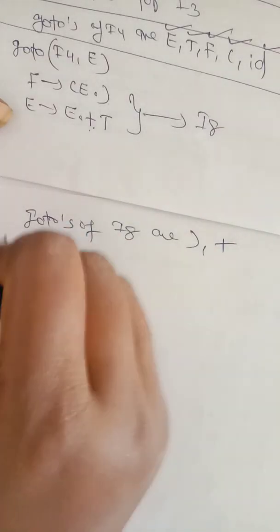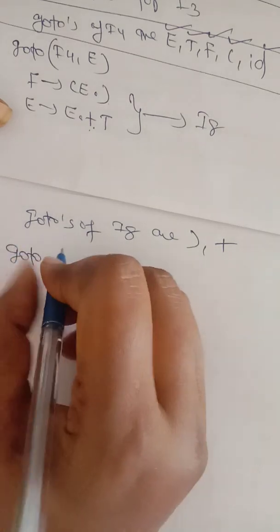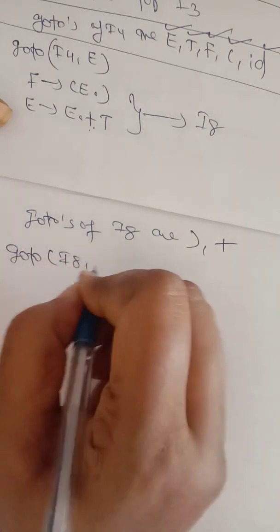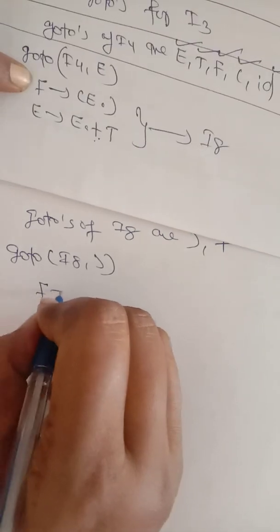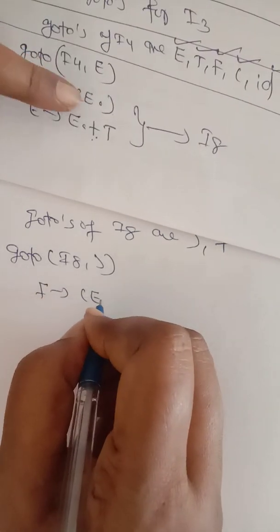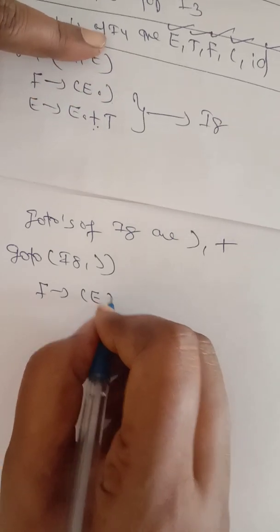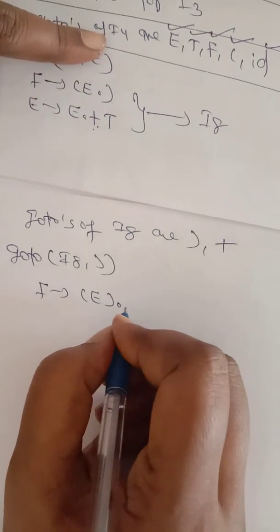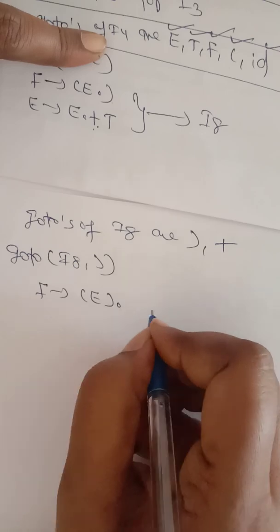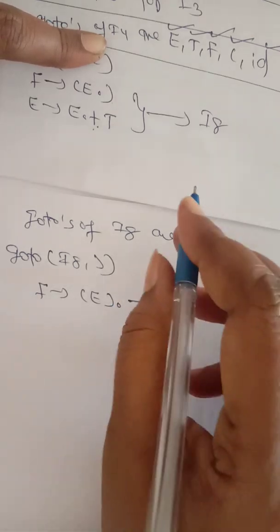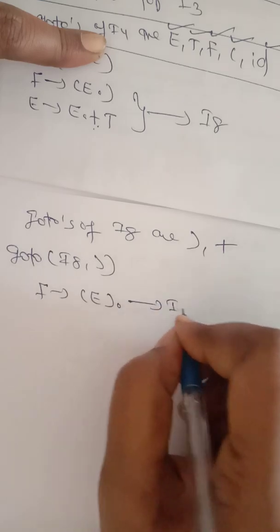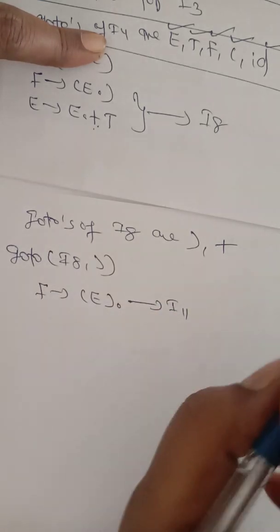Then apply one by one go to of I8 comma close bracket. Answer is F → (E dot). The dot operator moves one position to the right, and after that we are not having any value. It is not matched with the available set, so give a new name, that is I11.